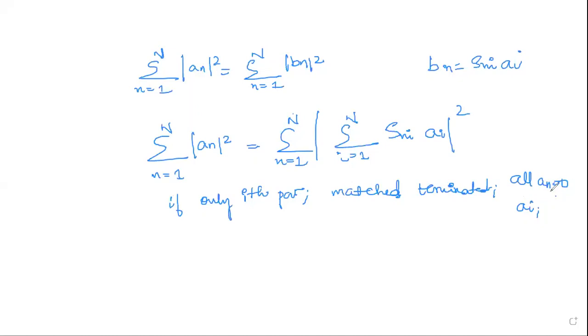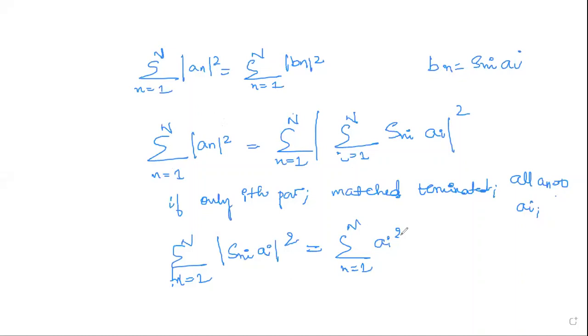Since all the An's will be 0, the equation of summation n is equal to 1 to n, the value Sni Ai magnitude square, is equal to, now here all the values related to n will be gone. So only Ai will remain. Similarly, on the other side, all the values till An will be gone, so you'll have the values 1 to n, Ai square.